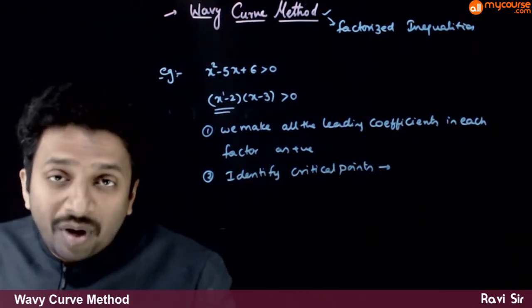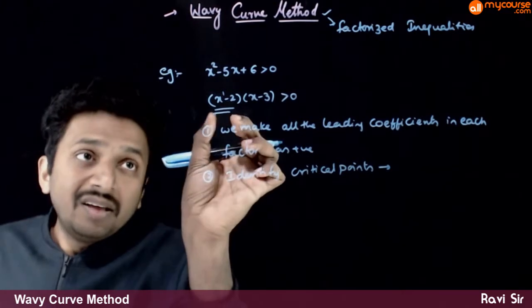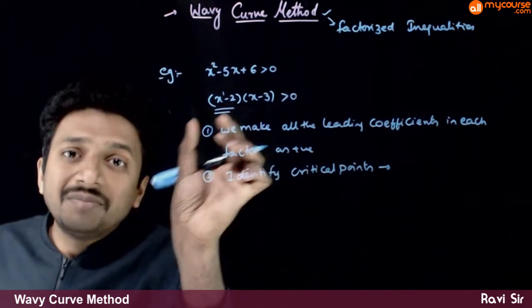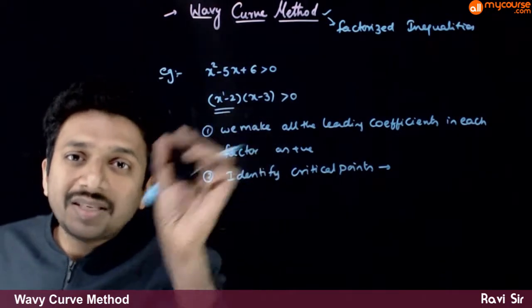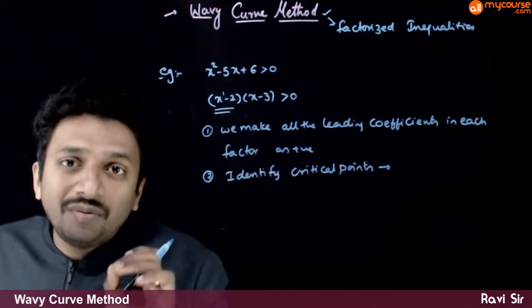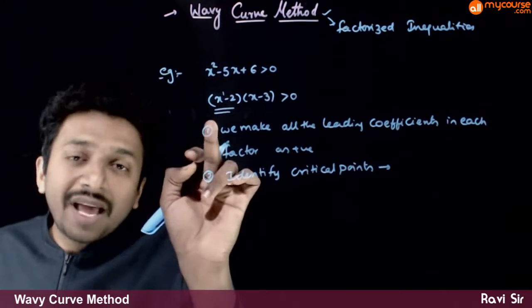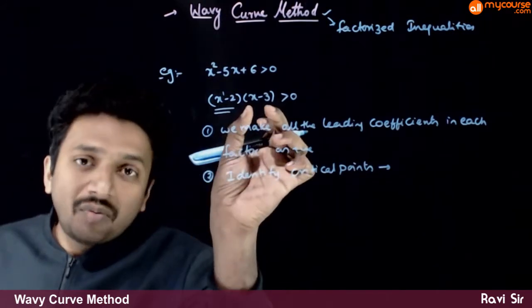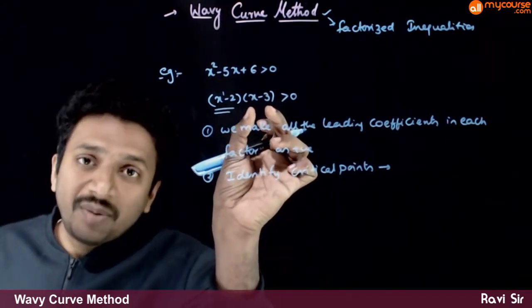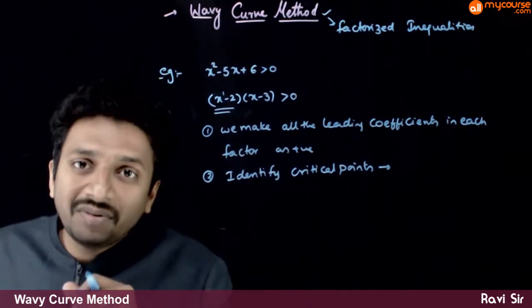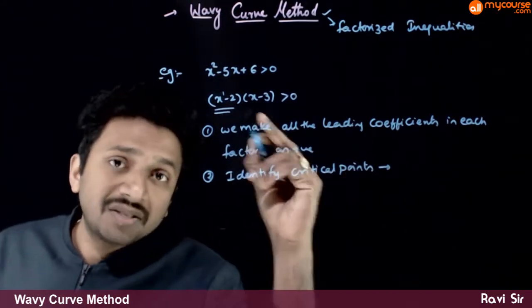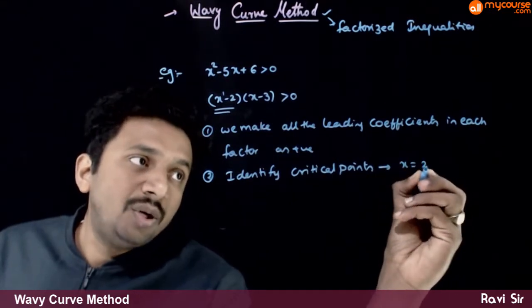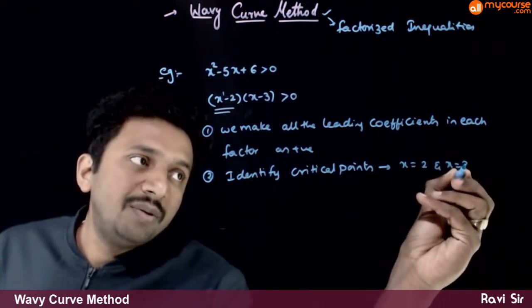Critical points are the points where the factor becomes 0. Here x minus 2 is a factor. At what value of the variable is x minus 2 becoming 0? X is equal to 2. At what value of x is this factor becoming 0? X is equal to 3. So identify critical points. For this question, x is equal to 2 and x is equal to 3 are the critical points.